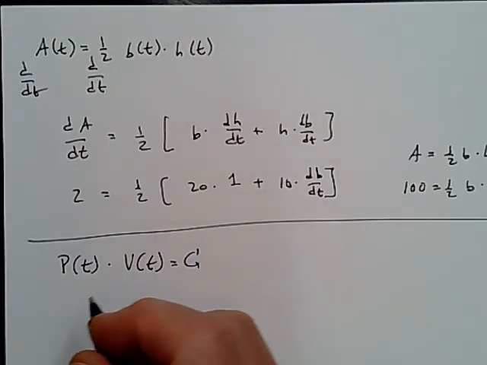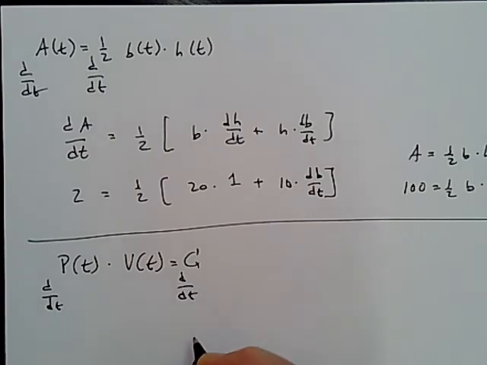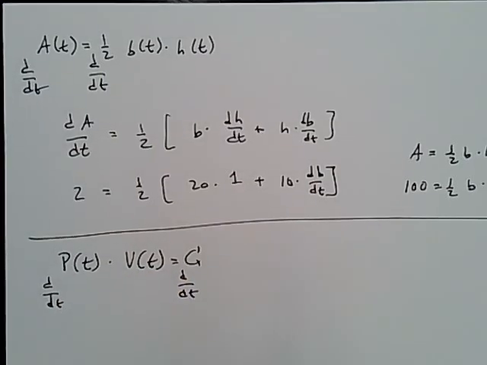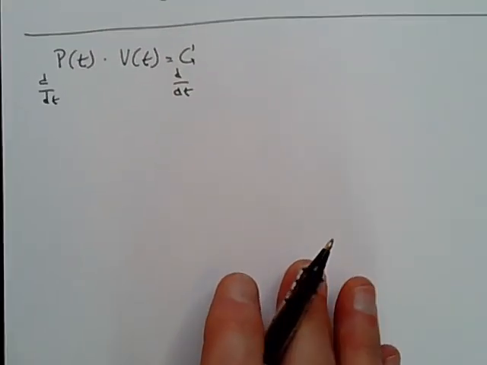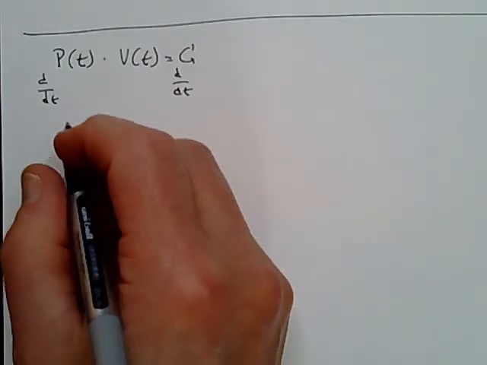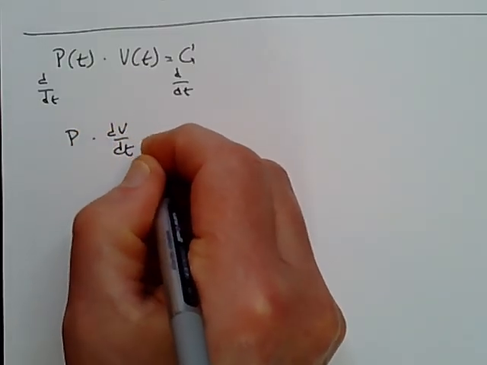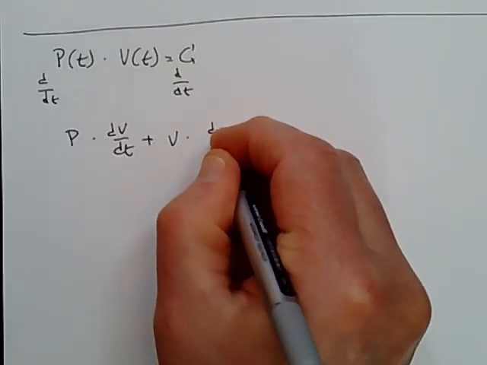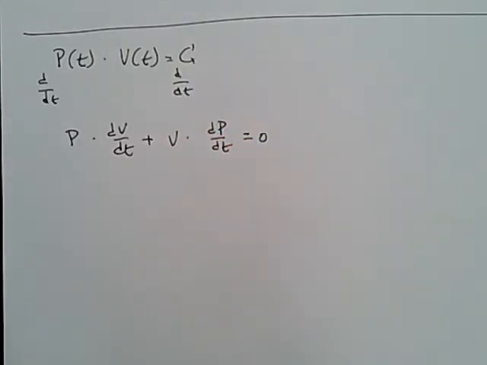And so when you take the derivative of everybody with respect to time, this is going to be a product rule because it's a product of 2 functions of time, because I spent a little bit of energy reminding myself who's a function of time and who is not. So I get P times dV dt plus V times dP dt equals 0. Okay, the constant doesn't change over time.